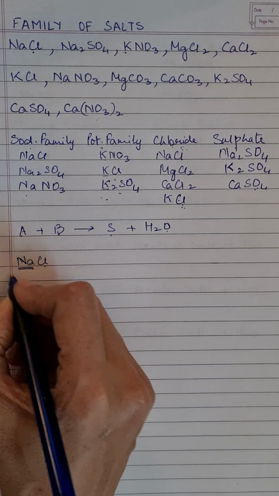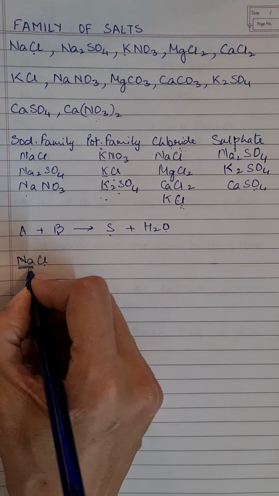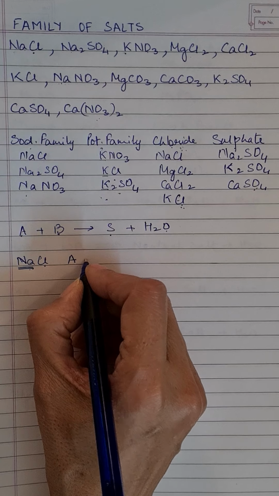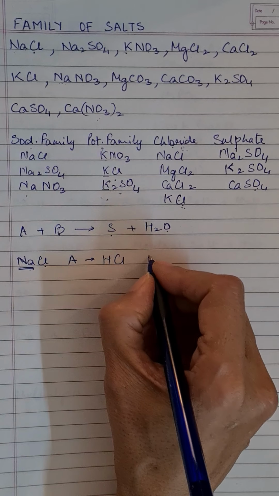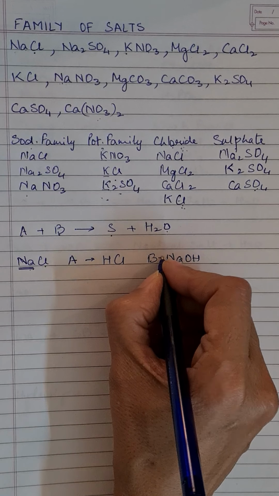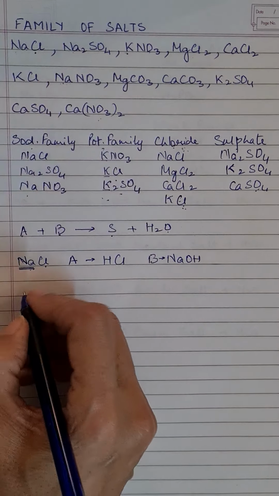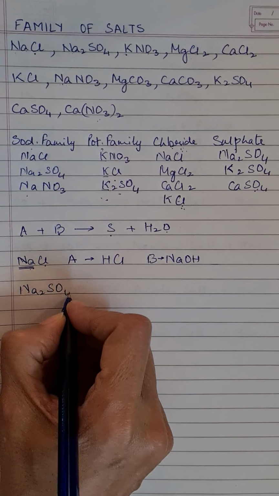So during the formation of sodium chloride salt, the acid which has been used is hydrochloric acid and the base is sodium hydroxide. Let's take the next example, that of sodium sulfate.